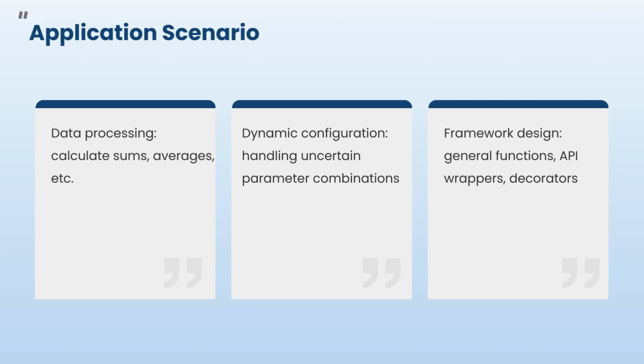Dynamic configuration. When dealing with uncertain parameter combinations, variable arguments provide great convenience. This is particularly useful in applications such as configuration settings or options, where developers can flexibly pass different parameters based on actual needs without predefining all possible options.